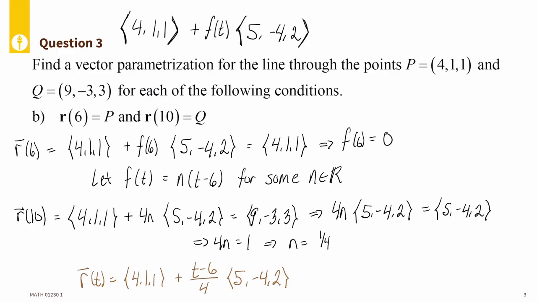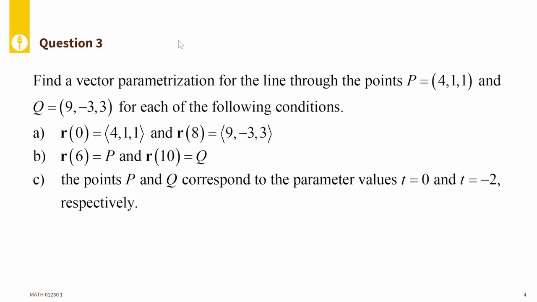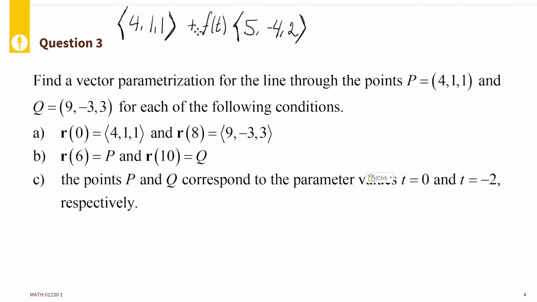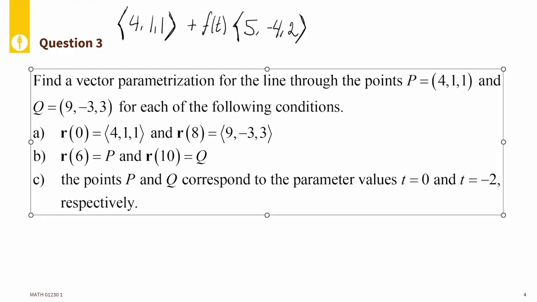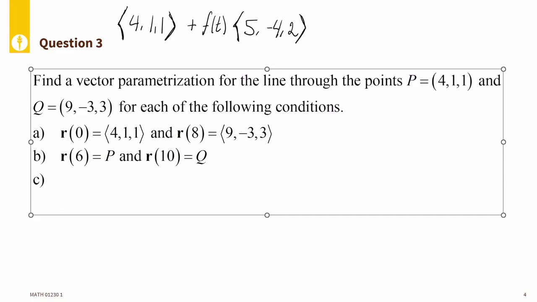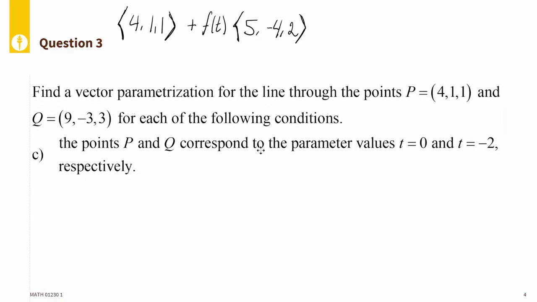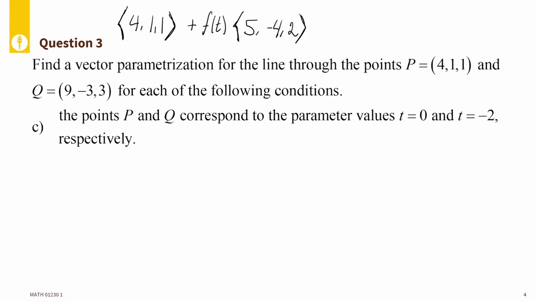And we have that one last condition. All right, so now P and Q correspond to the values t equals 0 and t equals -2, respectively.